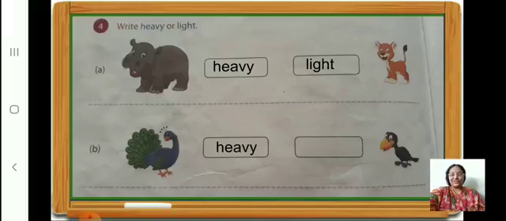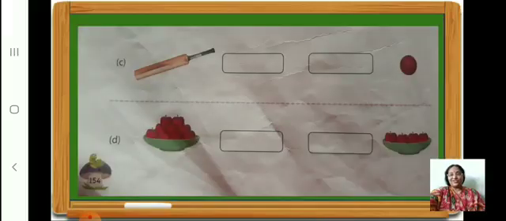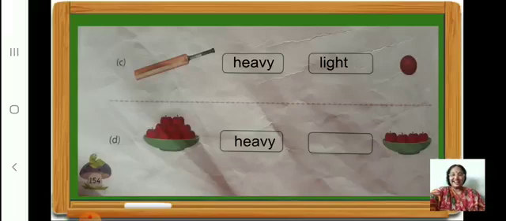And the crow is light in weight, so let us write light. Now question C, bat is heavy, ball is light. Children, in question D, we have two plates with apples, right? The plate with more apples on the left hand side is heavy and the plate with less apples on the right hand side is light.